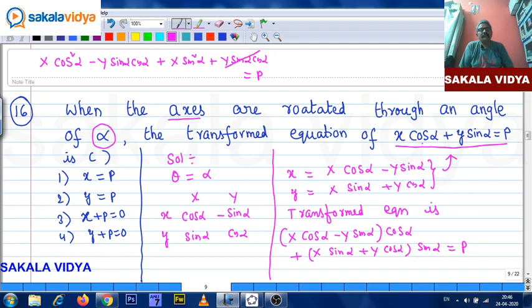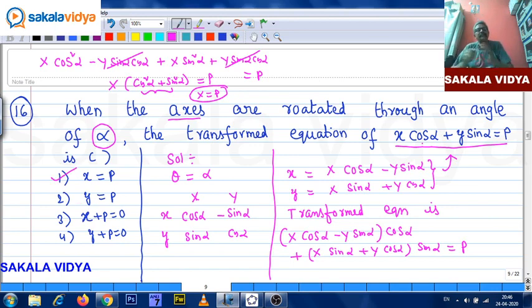Here minus Y sin alpha cos alpha and plus Y sin alpha cos alpha get cancelled. If we take X common, we have cos square alpha plus sin square alpha equal to p. This equals 1, we know. So X is equal to p. Locus of x is equal to p is the first option, the right option.